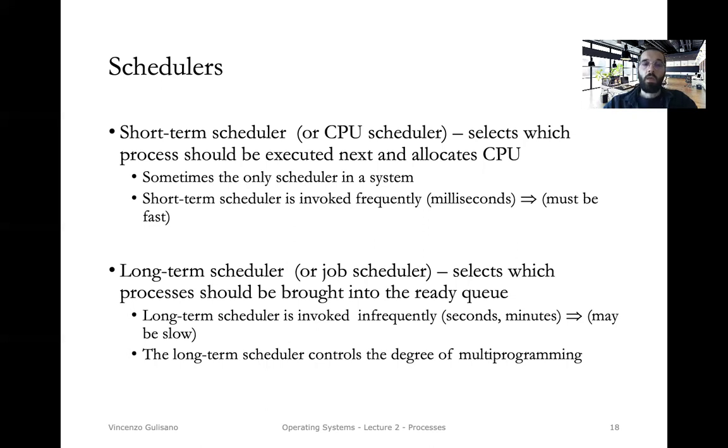You can also have long-term schedulers. It might be that there are processes that need to be put to sleep because there are not enough resources. We will see this in a certain number of lectures when we talk about virtual memory. So these are, let's say, taking decisions on a larger time frame than the short-term schedulers.